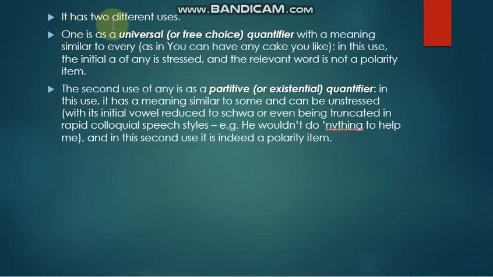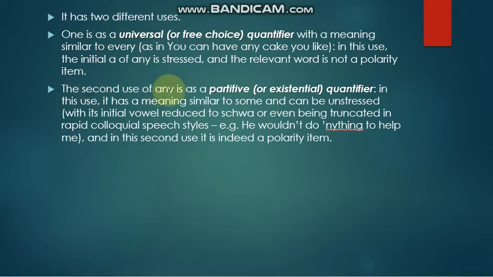Any has two different uses. One is as a universal or free choice quantifier with a meaning similar to every, as in "you can have any cake you like." In this use, the initial A of any is stressed, and the relevant word is not a polarity item.